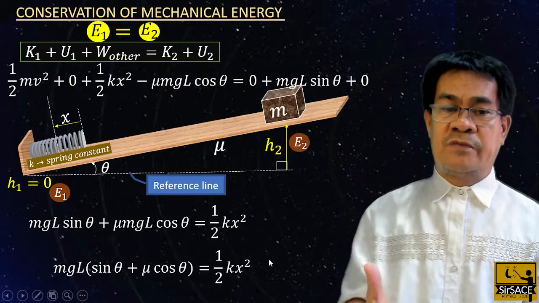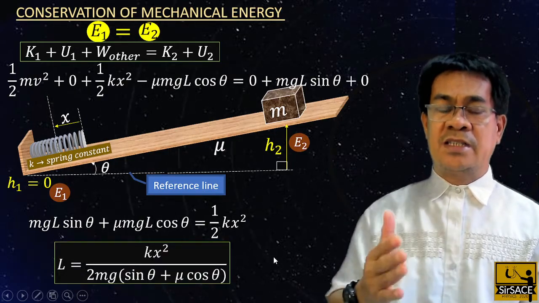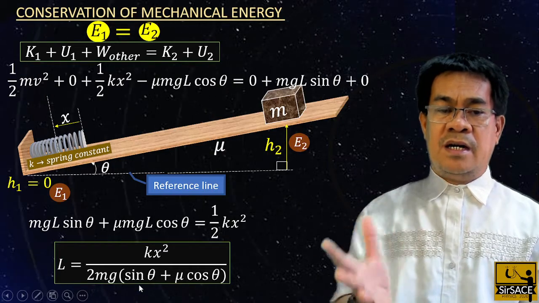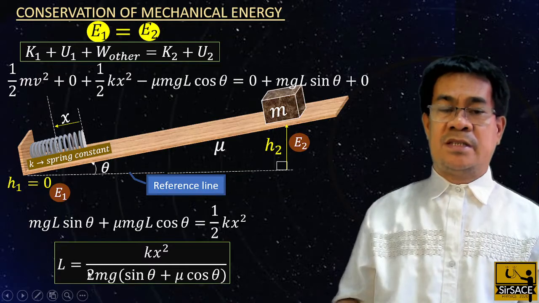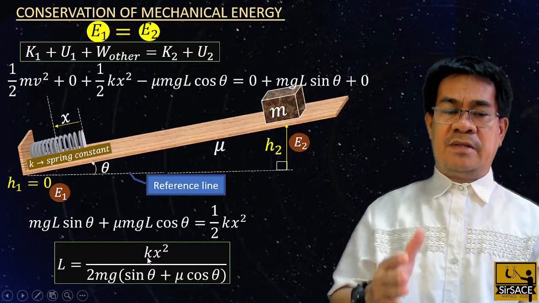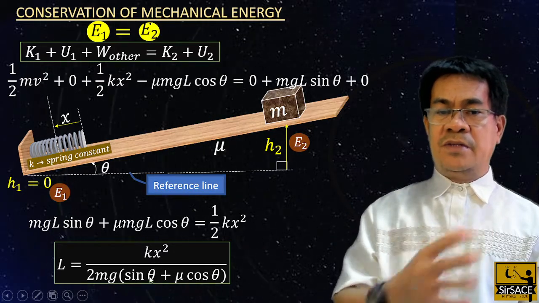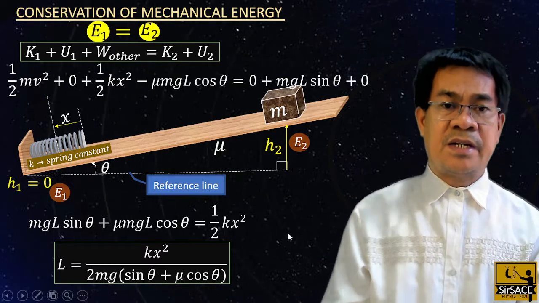The result is L equals kx squared over 2mg times the quantity sine theta plus mu cosine theta. This is how to compute for L. Meaning, if we have k, x, mass, theta, and mu, then we can solve for the stopping distance.